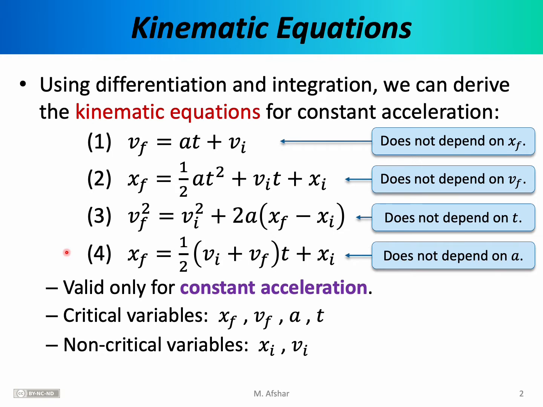On the other hand, if you're not interested in acceleration and you don't know what the acceleration is, then equation 4 is a great choice because it doesn't show up anywhere in that equation. So this takes a little bit of practice to develop this sense of what's the right equation and what's the wrong equation, but hopefully as you're working through your homework, you're developing this sense.